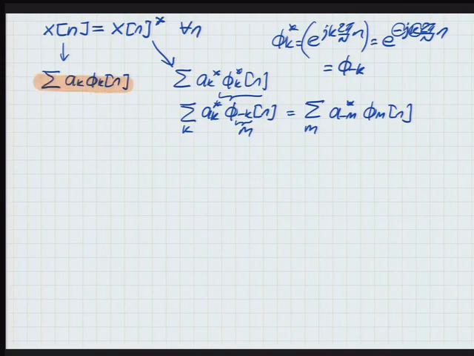On the right, you have the Fourier series of x star. And if x is a real signal to begin with, those Fourier series have to be identical. That means the coefficients themselves have to match. So if I go back to k here, call this k again, that simply means a_k is a negative k star.